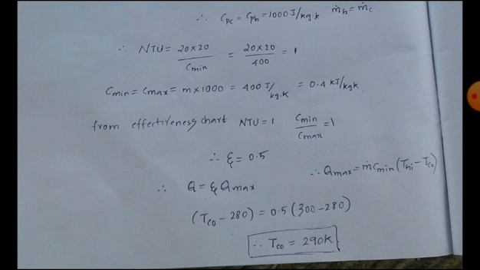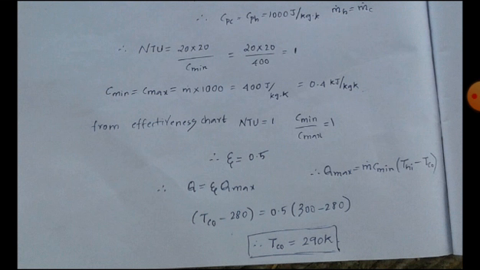If we take the epsilon value, we get effectiveness as 0.5. We have to know another formula, Q equals epsilon into Q max. Here I separately wrote the Q max formula.